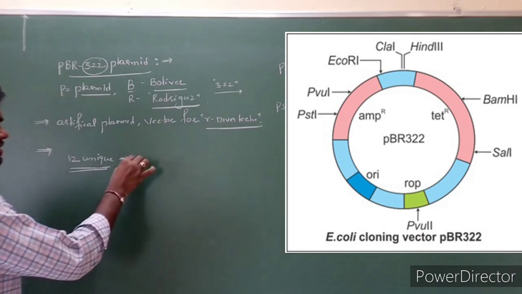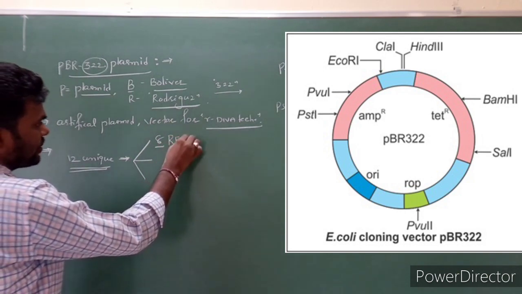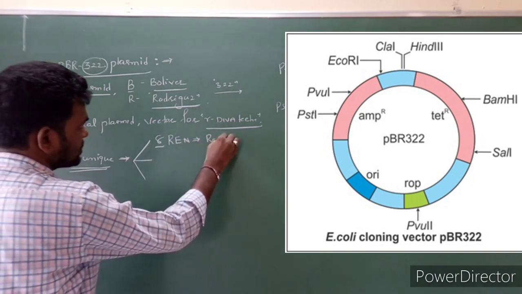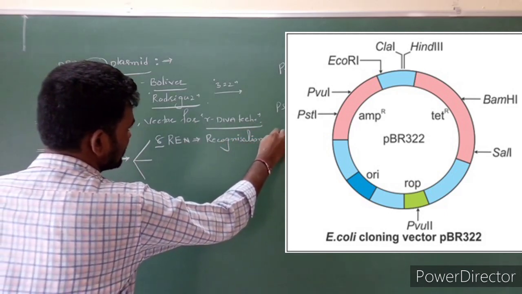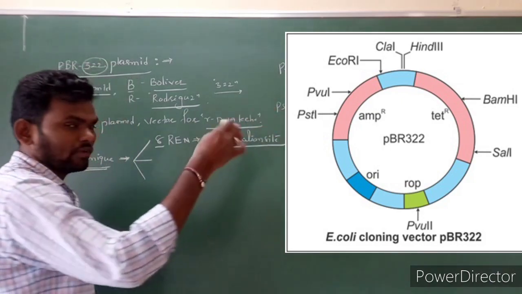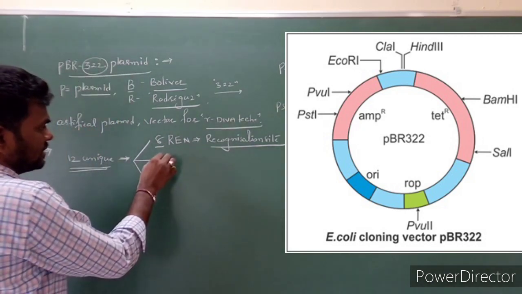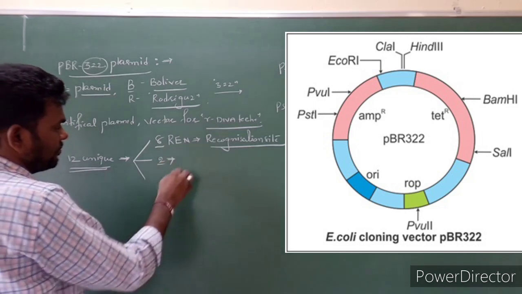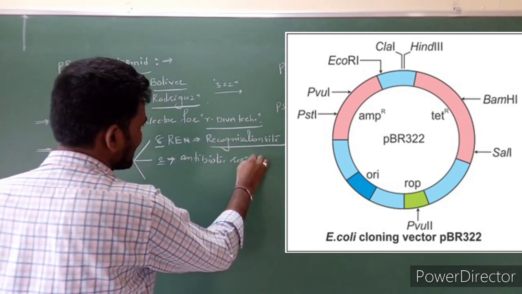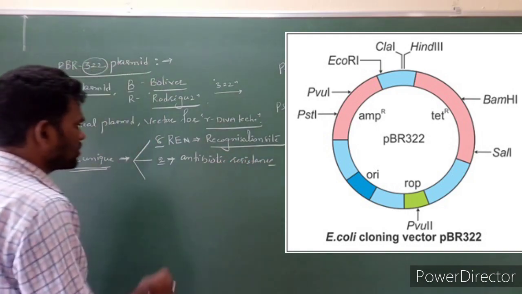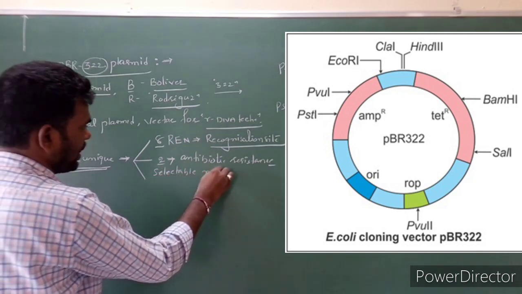Out of these 12, 8 are restriction endonuclease recognition sites. We can use any one of the enzymes for cutting purpose. And two special sequences are for antibiotic resistance, which are also called selectable markers.